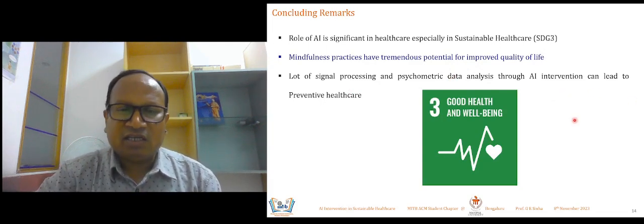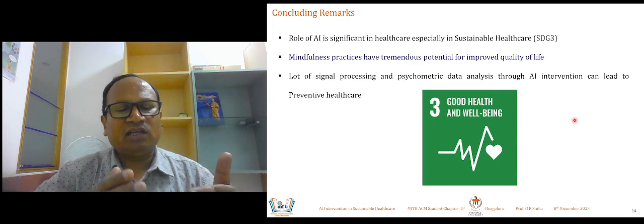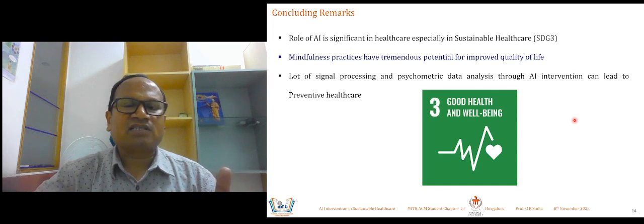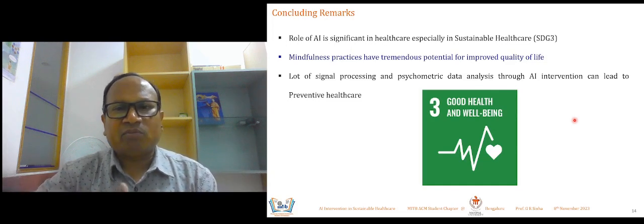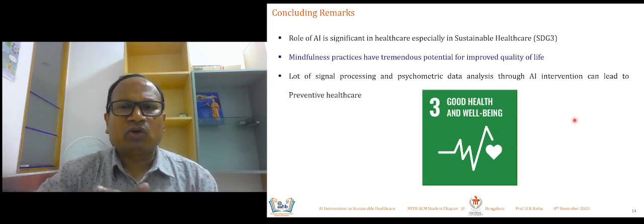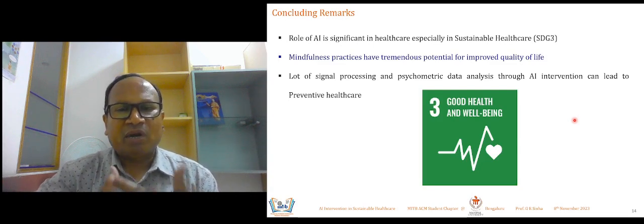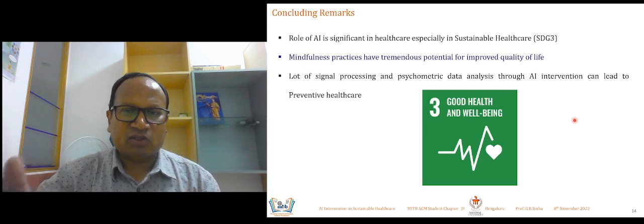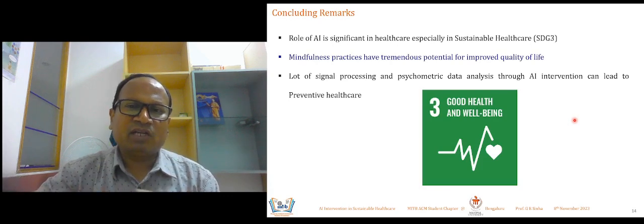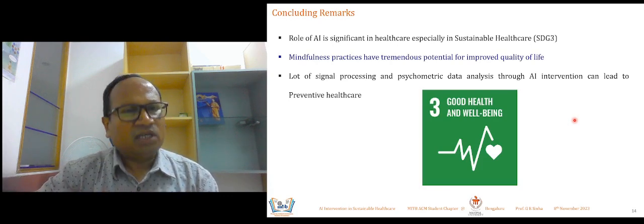So AI, in pre-processing, in decomposition, in feature extraction, in classification, in providing an appropriate model, has a great role to assess the impact of mindfulness practices such as meditation, yoga, that actually helps sustainable healthcare.